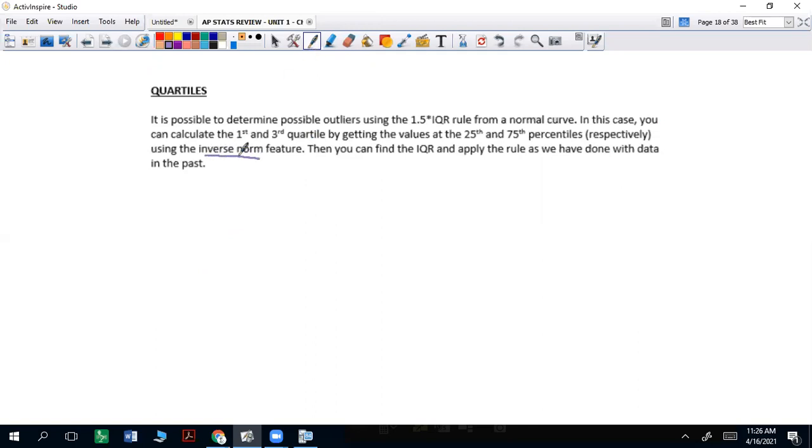So hold on, what does that mean? If I want to know what the actual third and first quartile is, let's say the mean was 10 again, and the standard deviation was 2. I'll just throw this out here. If I want to know, hey, what's Q1? That's going to be at the 25th percentile.